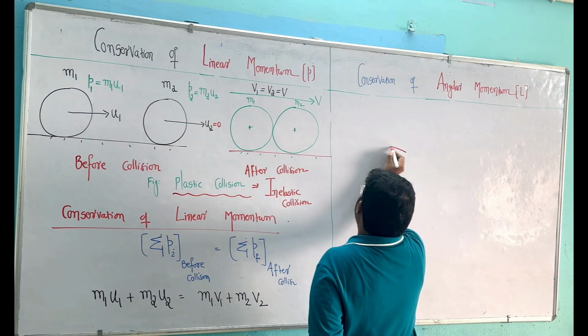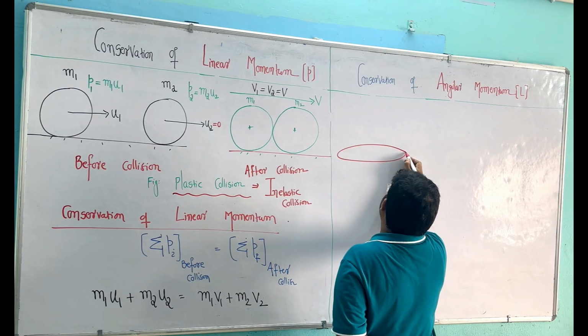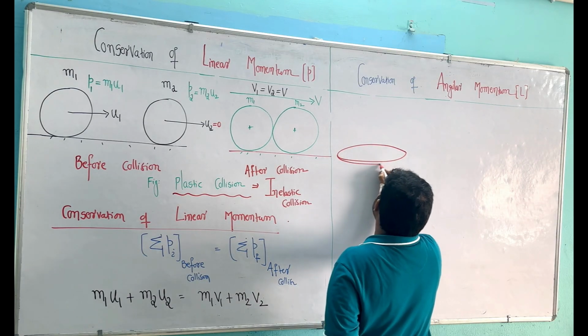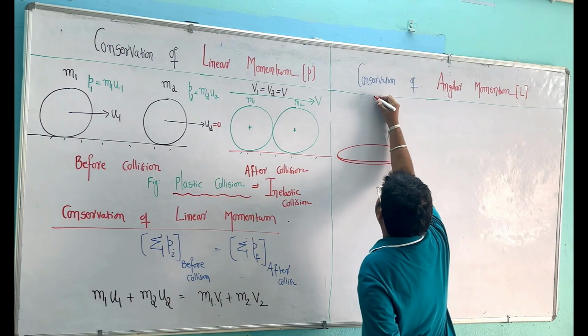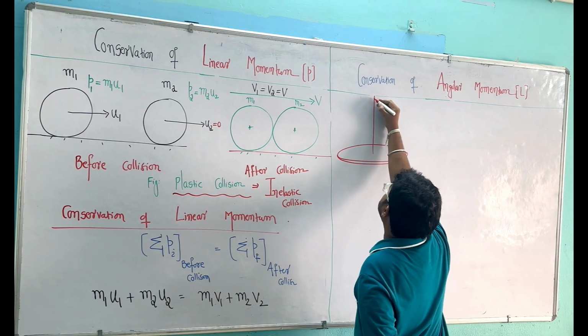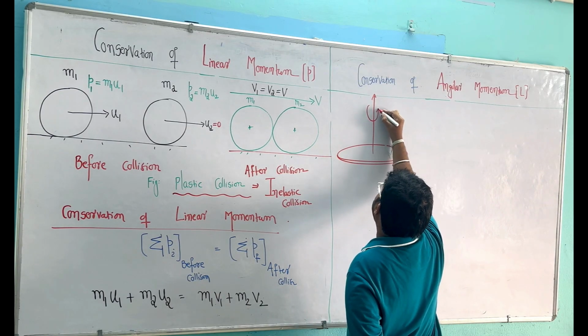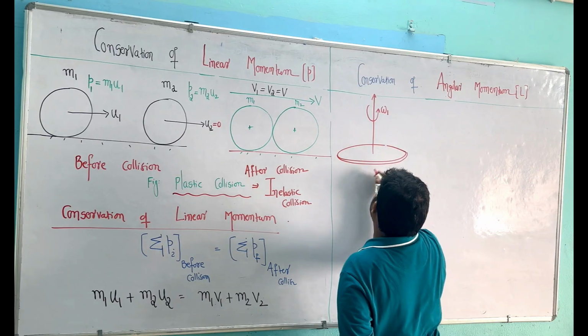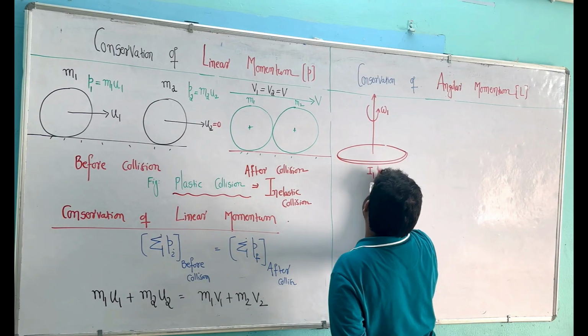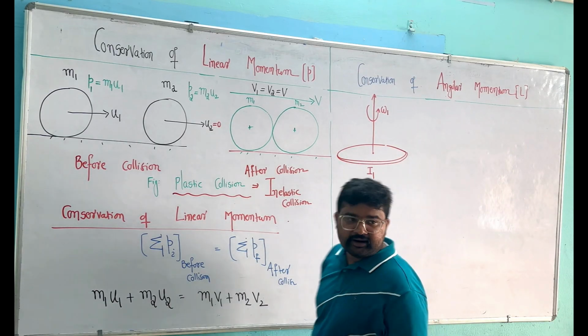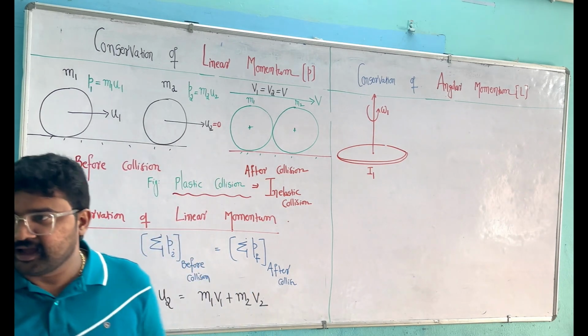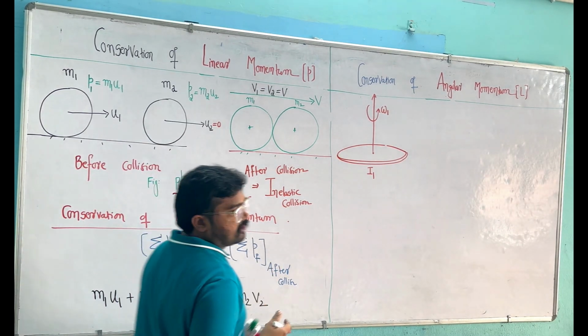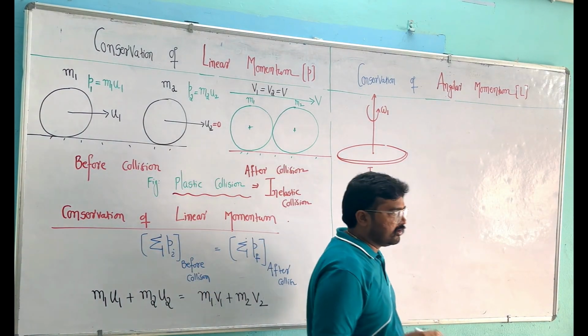Now coming to the angular momentum case. A disc or ring, whatever it is, a disc is rolling. A body is rotating about this axis with I1 omega 1. It is rotating about the axis perpendicular to the plane.